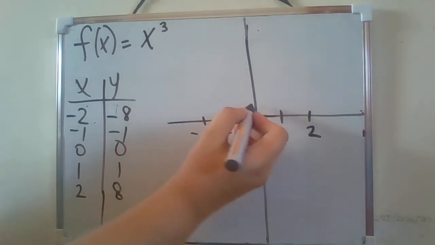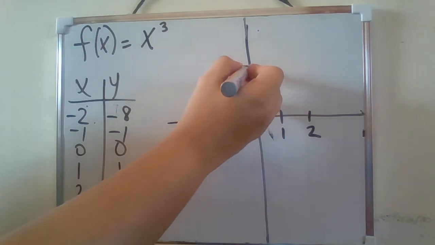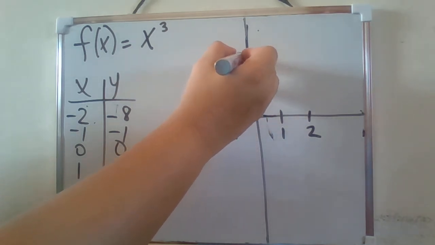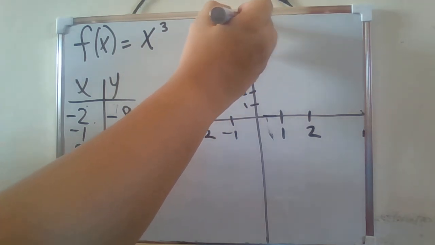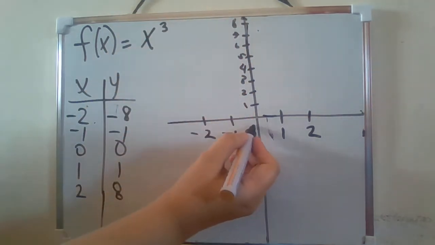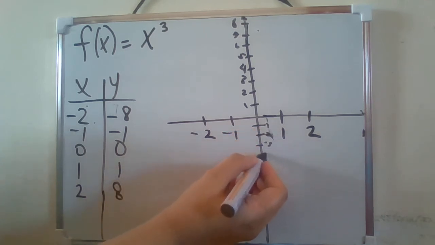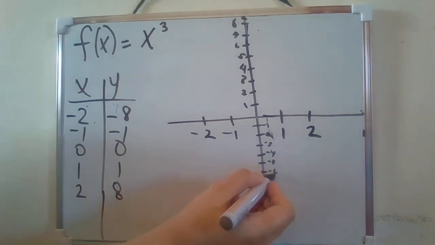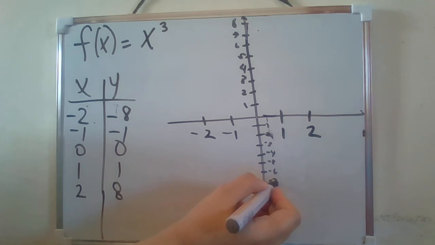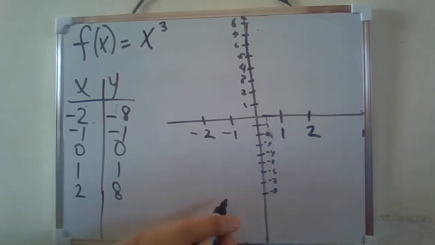And then, here, 1, 2, 3, 4, 5, 6, 7, 8, and so on. Ito rin, negative 1, negative 2, up to negative 8.